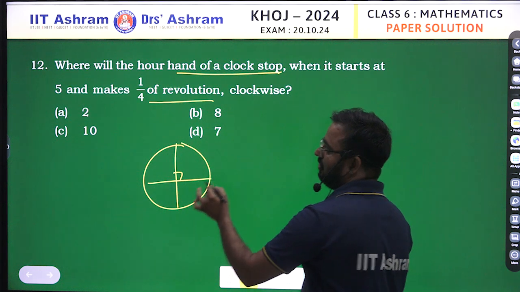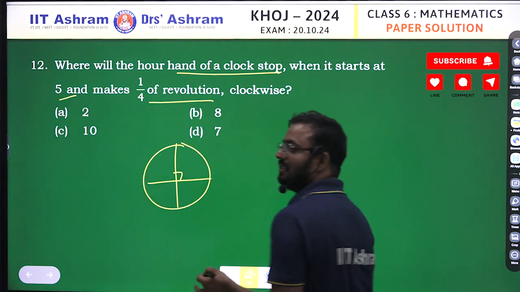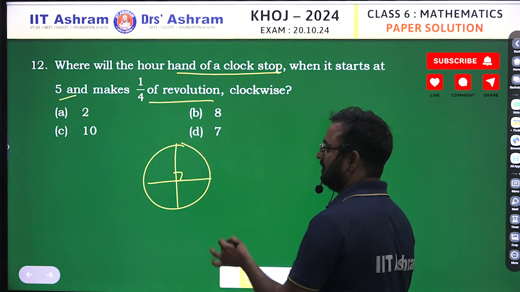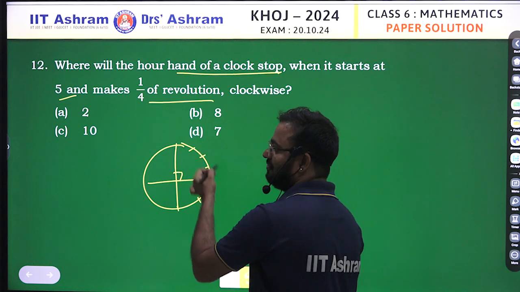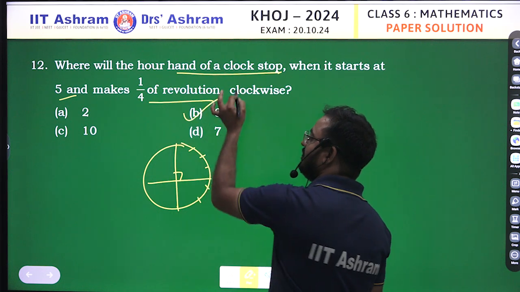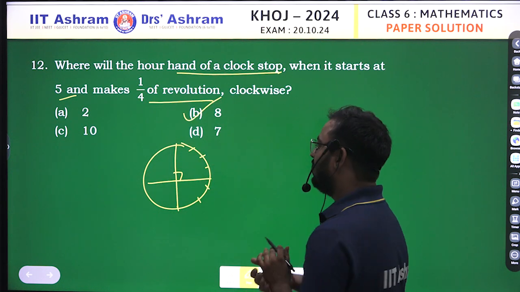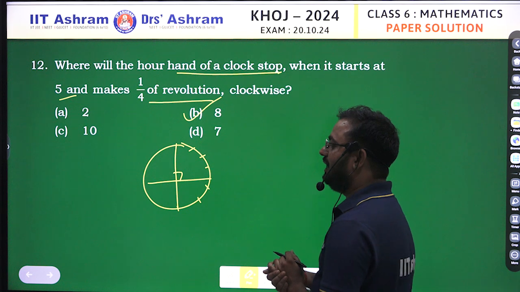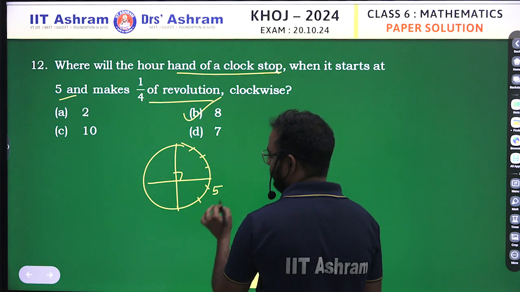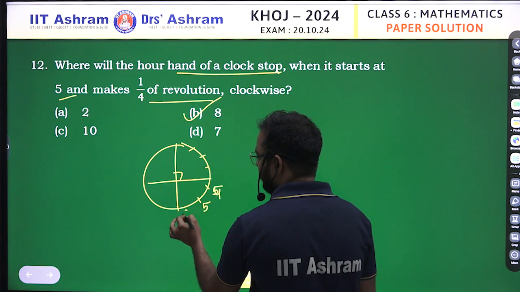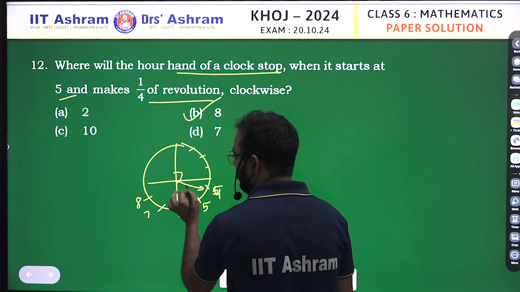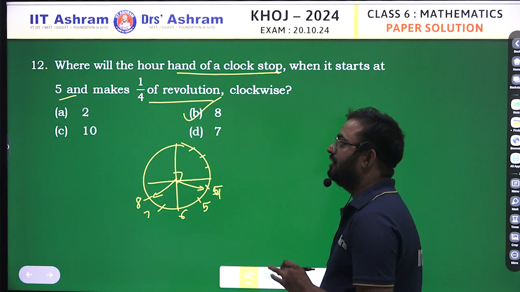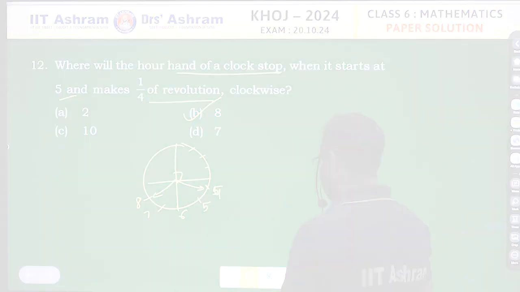So if it is on the 5, then 6, 7, 8. सो 5 से कहां पे पहुंच जाएगा? 8 पे पहुंच जाएगा, 90 डिग्री एंगल बन जाएगा. सो ऑप्शन नंबर बी, 8, बिकॉज 5, 6, 7 एंड 8. डायरेक्टली 8 पे पहुंच जाएगा. सो ऑप्शन नंबर बी इज द राइट आंसर.